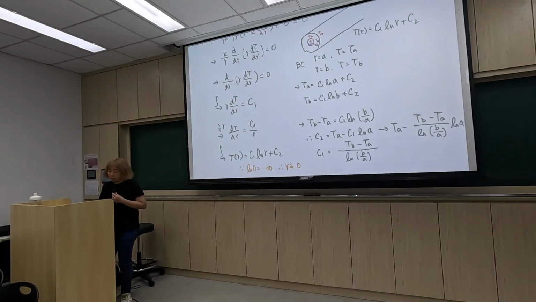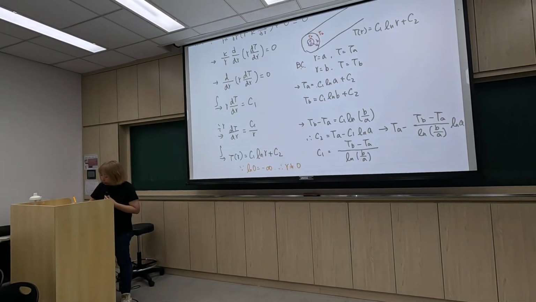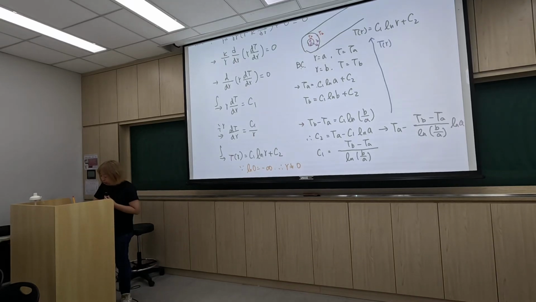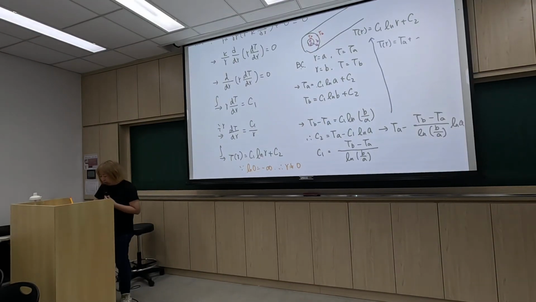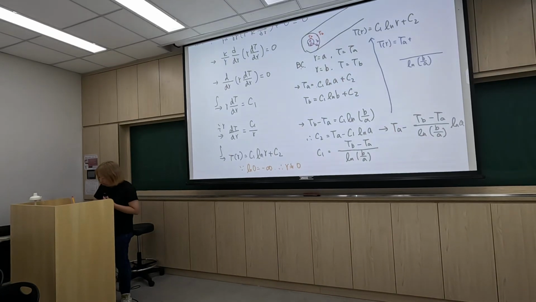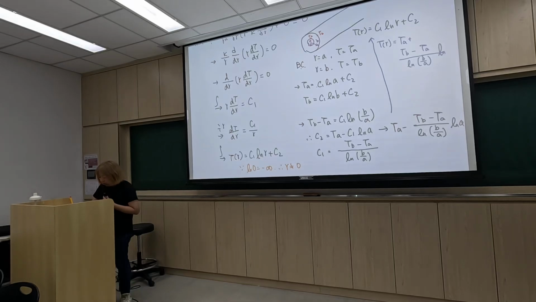Then we substitute it back into the equation. Then we solve for T(R), the temperature distribution, which equals to TA plus (TB minus TA) ln(R/A) over ln(B/A).